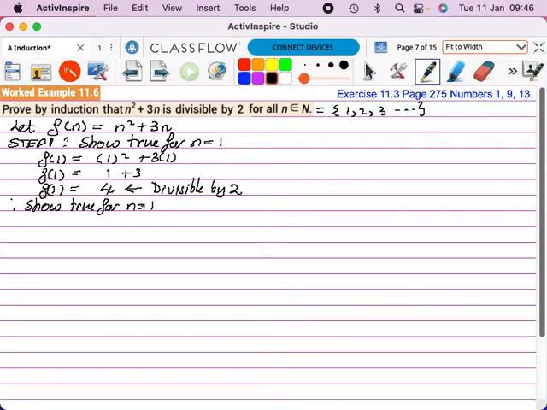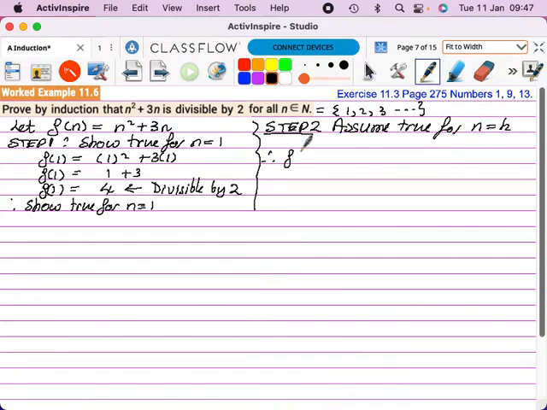by 2. Okay, we're now on to step 2. And step 2 is the assume step. Assume true for n equals k.